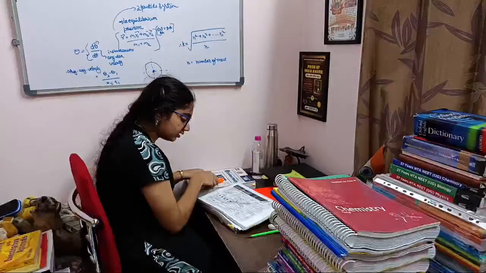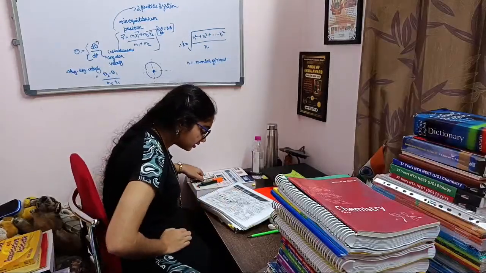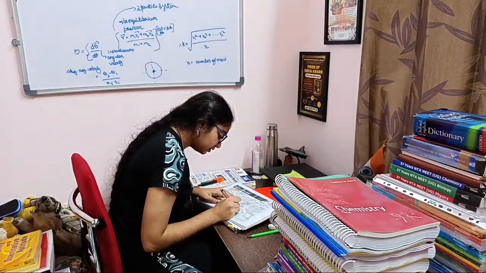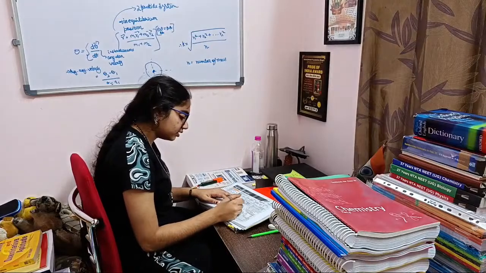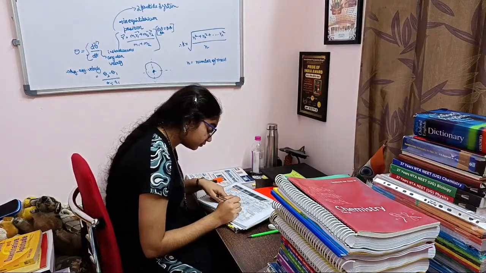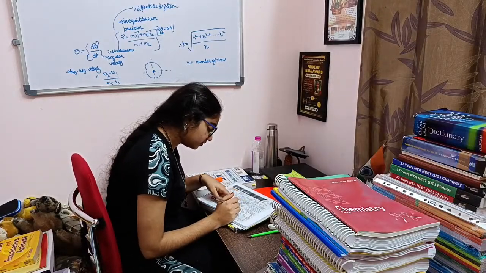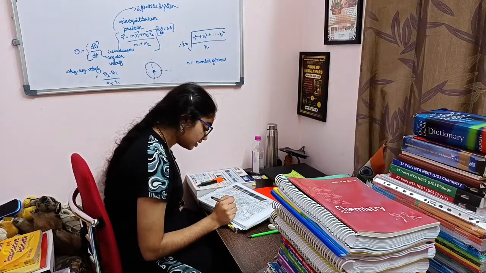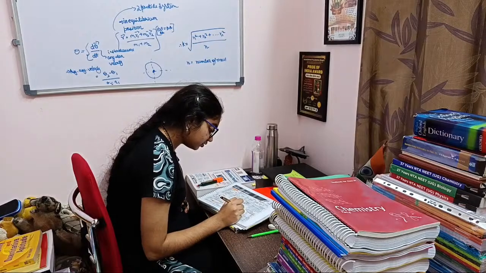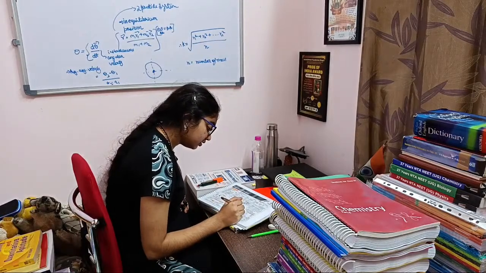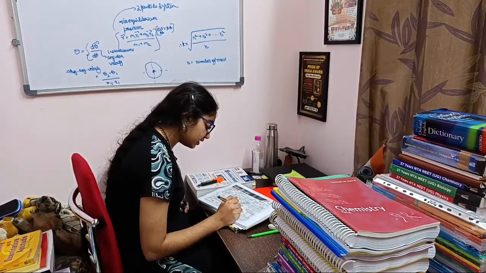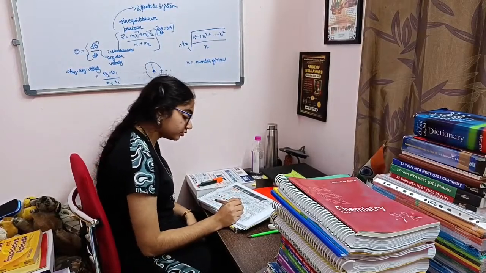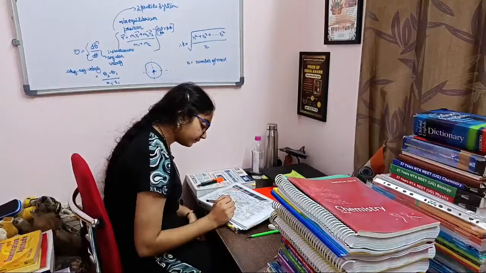Then we have blood vessels. They are named tunica externa, tunica media, and tunica intima. Tunica externa is the outermost one, tunica media is the middle one, and tunica intima is the innermost. The composition of tunica externa: fibrous connective tissue and collagen fibers.